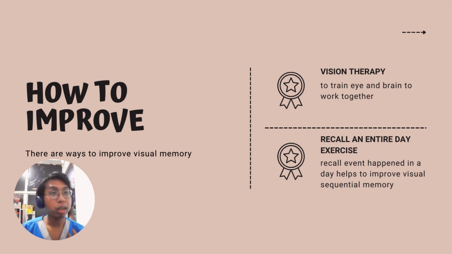Maybe at first he couldn't remember, but you at least try to make the question more specific, like what did you eat, how did you go to school, and all that. And then doing this every day would lessen the questions and more towards them retelling the story from A to Z. This is how we can actually improve visual sequential memory and also the overall visual memory.